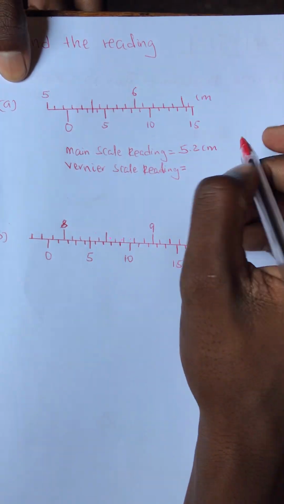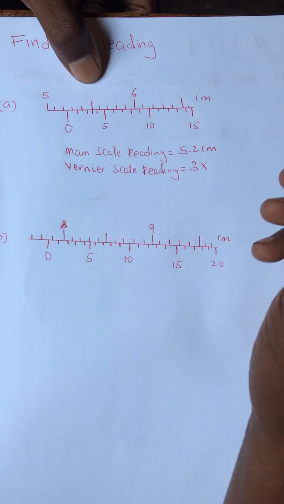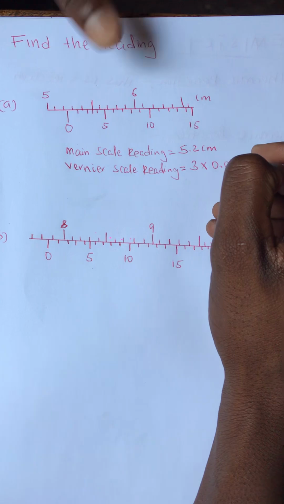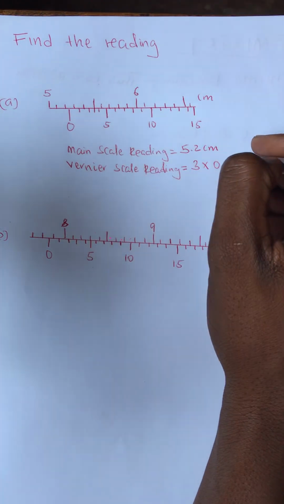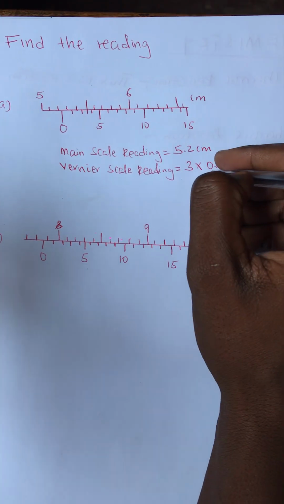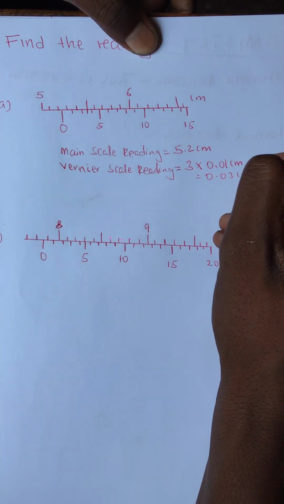So what you do is get this 3 and multiply it with the least count, or the accuracy of the Vernier calipers, which is 0.01 centimeters. So you say 3 times 0.01 centimeters, which gives you 0.03 centimeters.